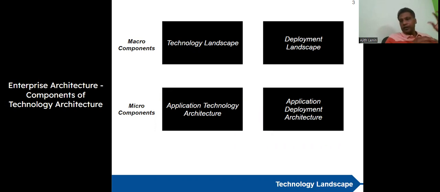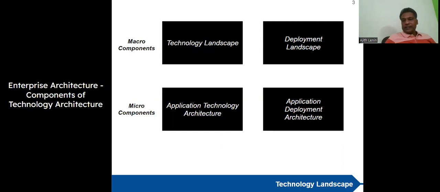What resources, what data centers or cloud platforms we have at our disposal for deploying the applications. On the micro level, we have the application technology architecture, which defines the technology architecture at the application level for each application. And the application deployment architecture defines how these applications are to be deployed.